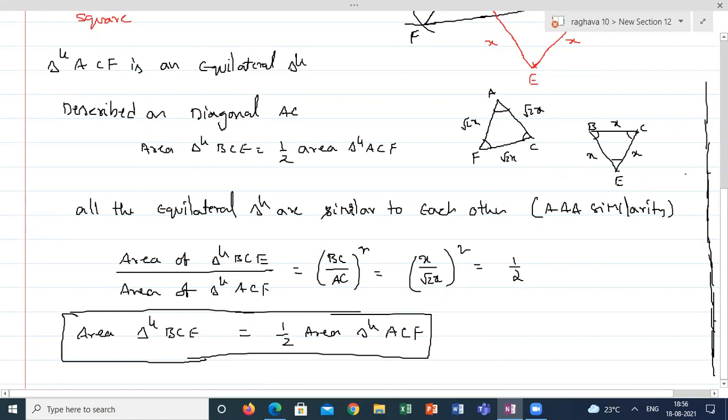So one more last question will go for today. I will give one question based on Pythagoras theorem.